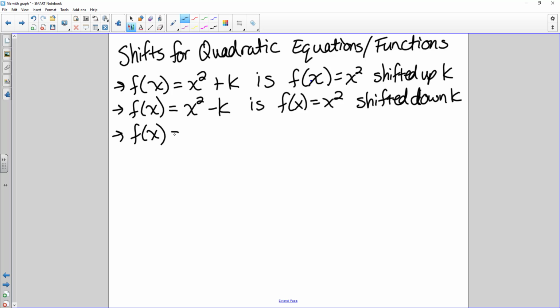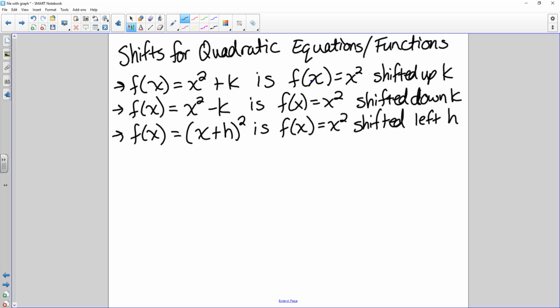Now the inside ones. So if I have x plus h squared, now the h would be on the inside. So this is f of x equals x squared shifted, remember, you would think plus is to the right, but it's actually left h.